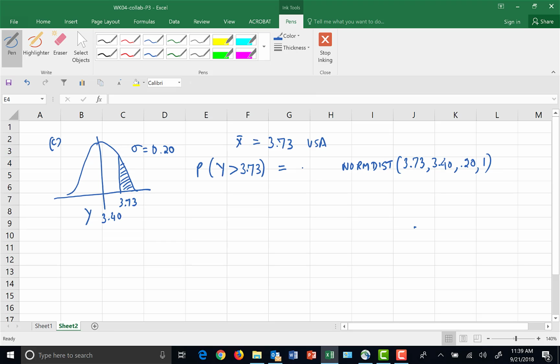The last parameter is 1, and I have to do a 1 minus. The norm dist function gives me the area to the left of 3.73. Since I want the area to the right, I have to do a 1 minus. Okay, so let's do that now.